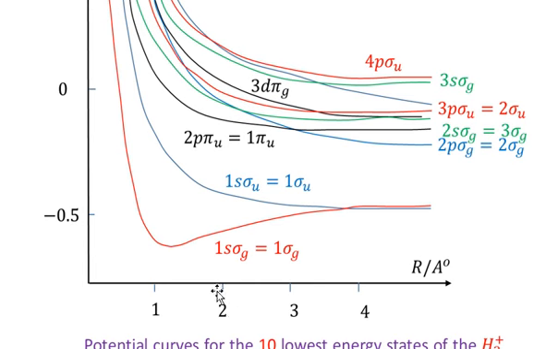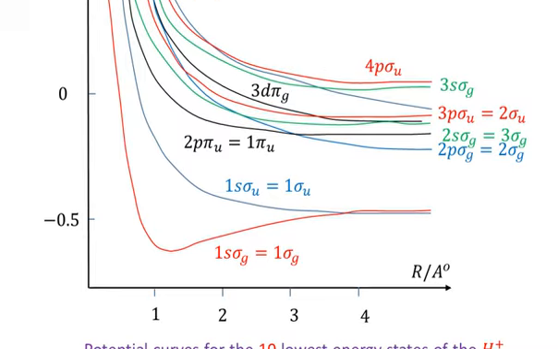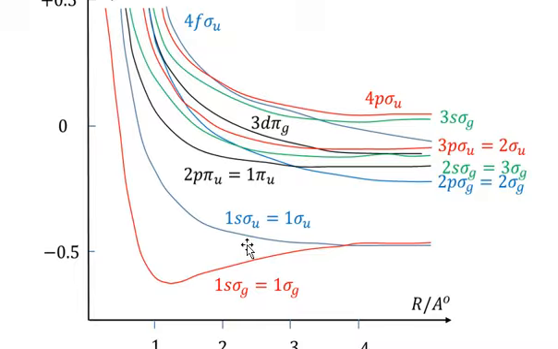For example, the state 1s sigma g is regarded as 1 sigma g. The state 1s sigma u is simply written as 1 sigma u. The state 2p pi u is regarded as 1 pi u. And you see that I have shown other states, for example, 3d pi g, 4p sigma u, 4f sigma u.